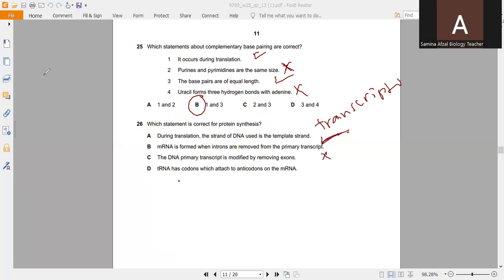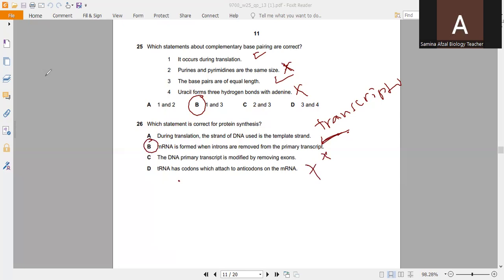Transfer RNA has codons which attach to anticodons on the messenger RNA. This is also wrong, because transfer RNA molecules possess anticodons which complementary base pair with the codons located on the messenger RNA strand. So this is a wrong statement. So B is the correct option.